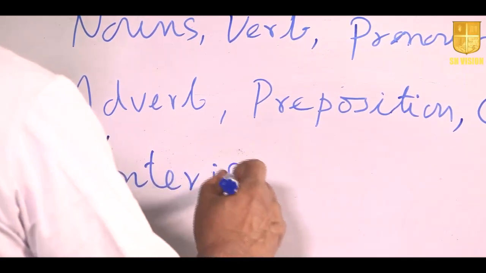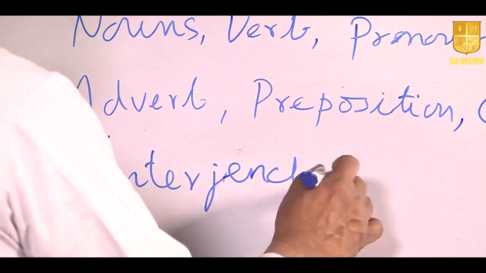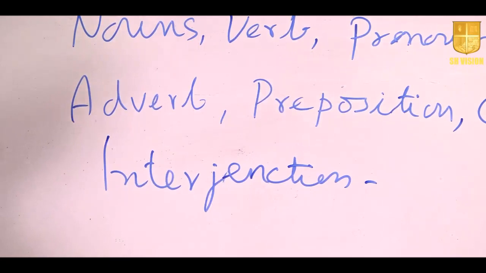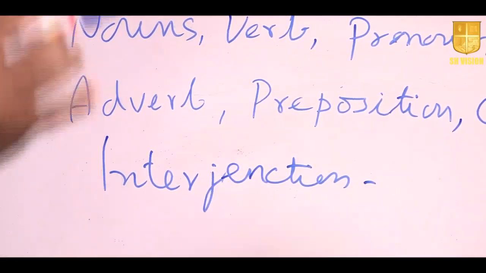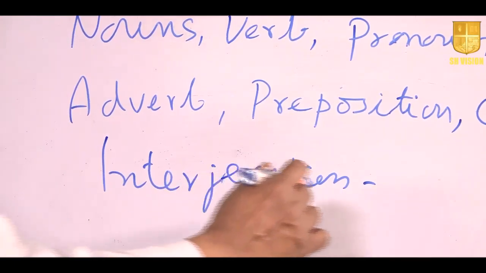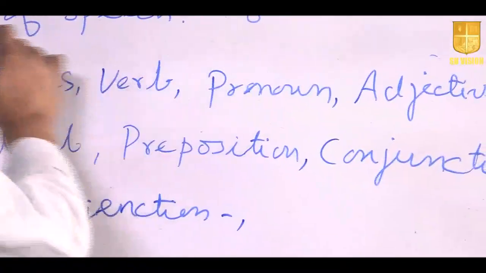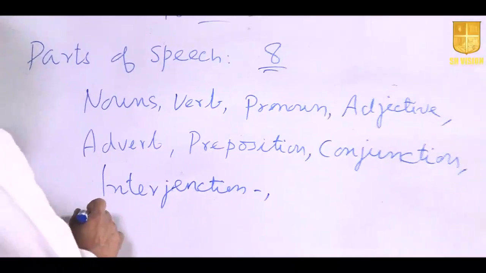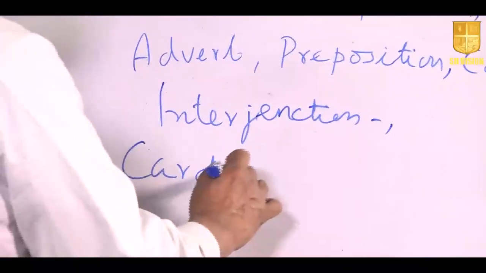These are English words. They have their German equivalents. Interjections express wonder. Oh, how it is. Ah, etc. These are 1, 2, 3, 4, 5, 6, 7, 8. These are the 8 parts of speech. You may add to that cardinals and ordinals.